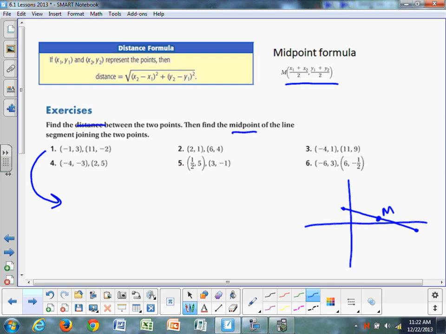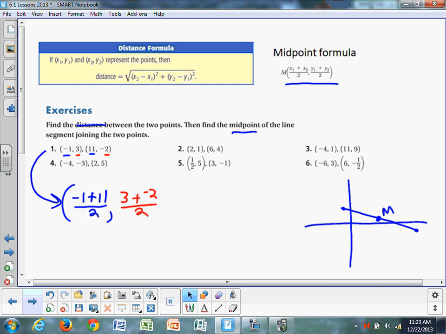To get the x-coordinate of the midpoint, we want to find the average of the x-coordinates. So we do -1 plus 11, and divide that by 2. Then to find the y-coordinate, we're just going to take the average of the y-coordinates: 3 plus -2, divided by 2.